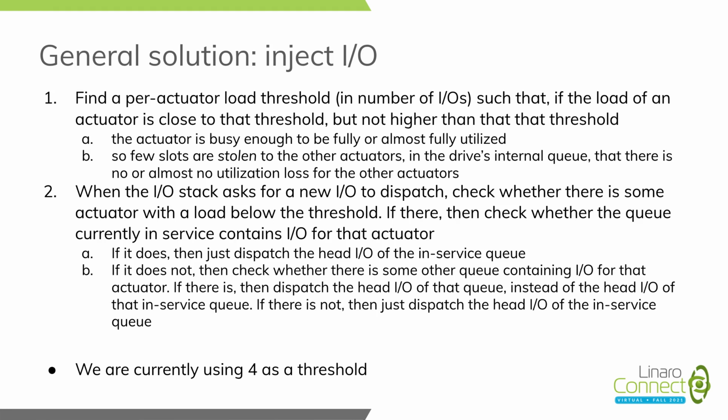In case that queue does not contain IO for the actuator that has too low a load, then BFQ looks for a request for that actuator in the other queues. If it finds some request in another queue, then BFQ injects IO from those other queues instead of picking it from the queue that is currently in service. This is to try to keep all actuators utilized.